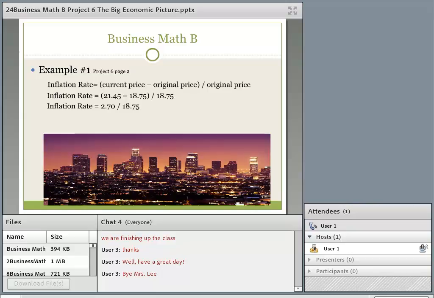And now it's just basic math after that. So we do parentheses first, and then your division at the end. And there's your rate. And as with any of the math problems we've done in this class, remember it's a percentage, so you move the decimal 2 to the right to get your final percent.